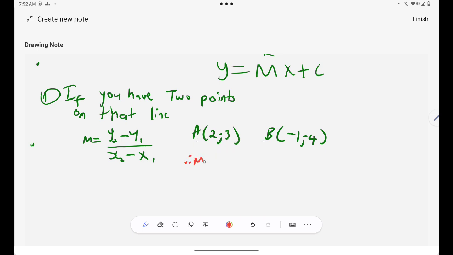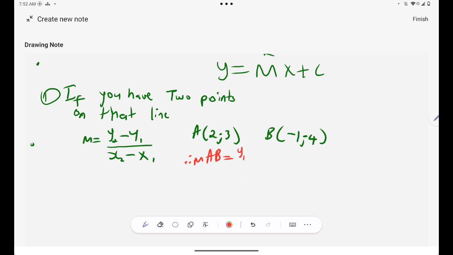Therefore, the gradient of line AB is equal to y2 minus y1 over x2 minus x1. If these ones and twos confuse you, just make it simple for yourself.